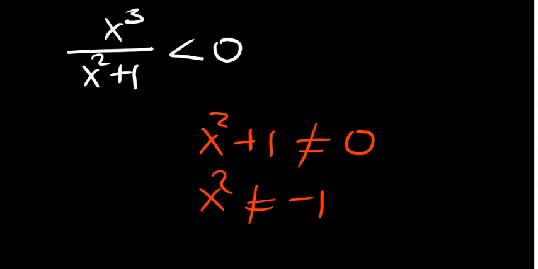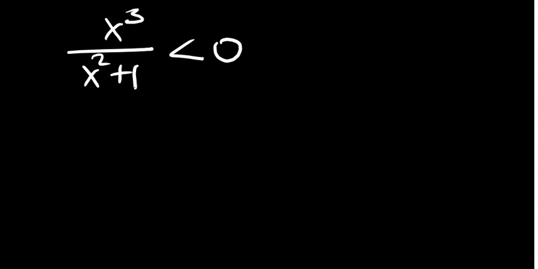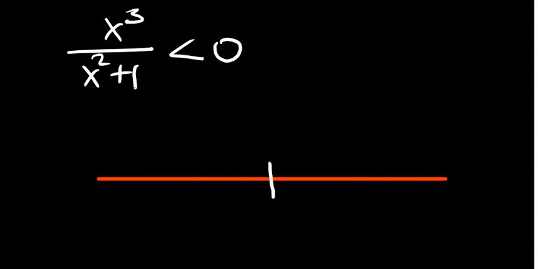Are we together? Yes. So in such a case, when they ask you to find the domain, you would just say that the set of all real numbers is the domain, because it's not possible to get this function to be undefined. So coming up with a number line, looking at the critical values, we're only going to have 1, I guess.